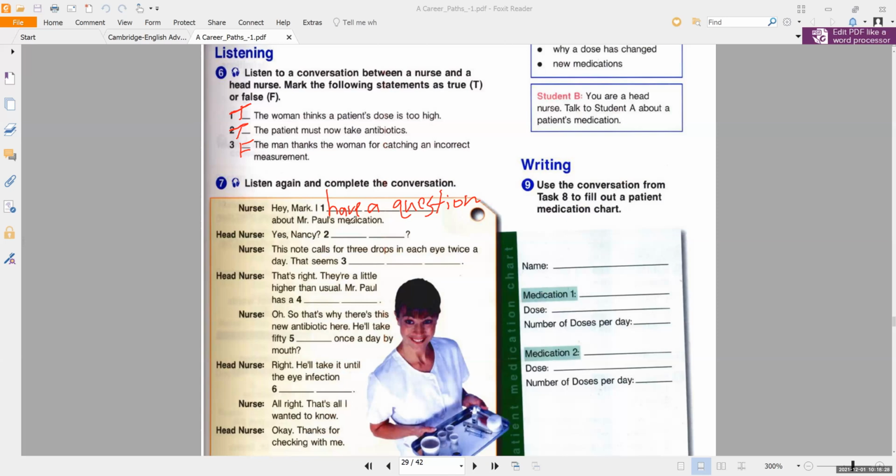What's up? This note calls for 3 drops in each eye twice a day. That seems a little high.